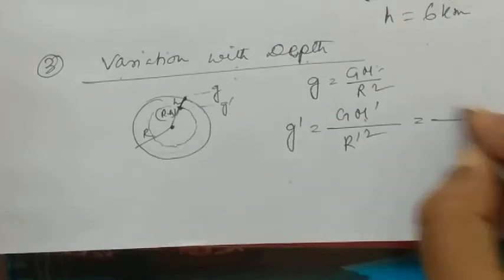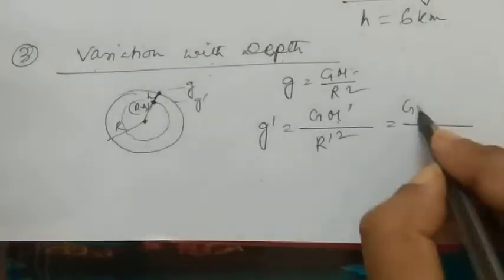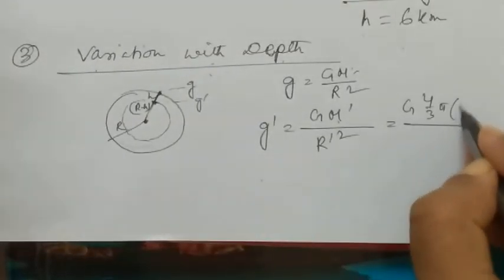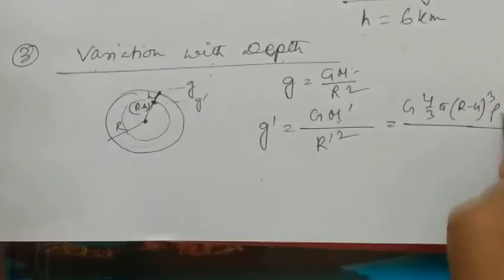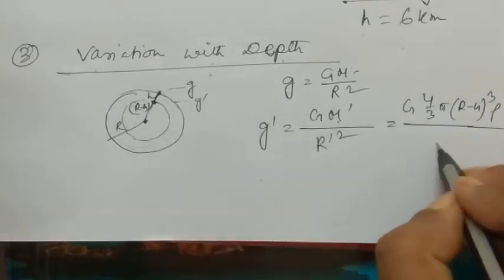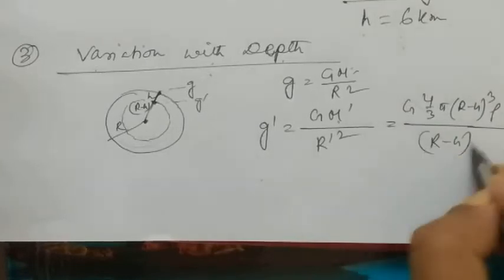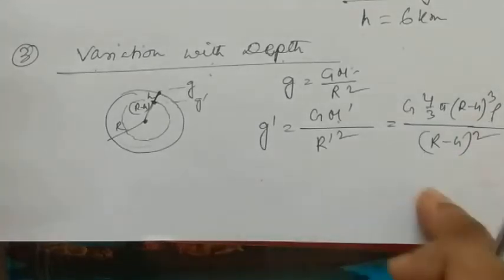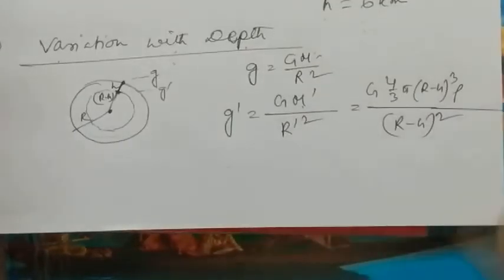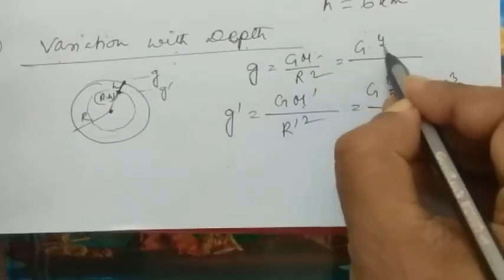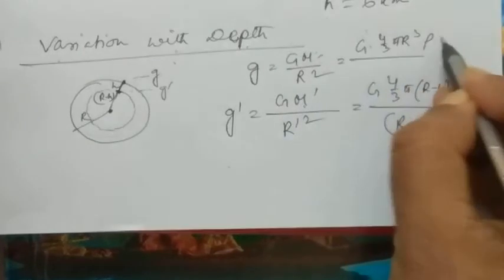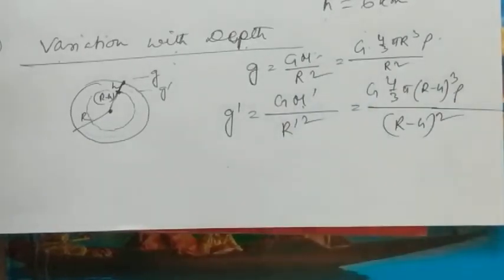Now what is GM dash? It will be 4/3 pi r minus h whole cube into rho, and r dash will be r minus h whole square. Now we can also write g as G 4/3 pi r cube rho by r square.